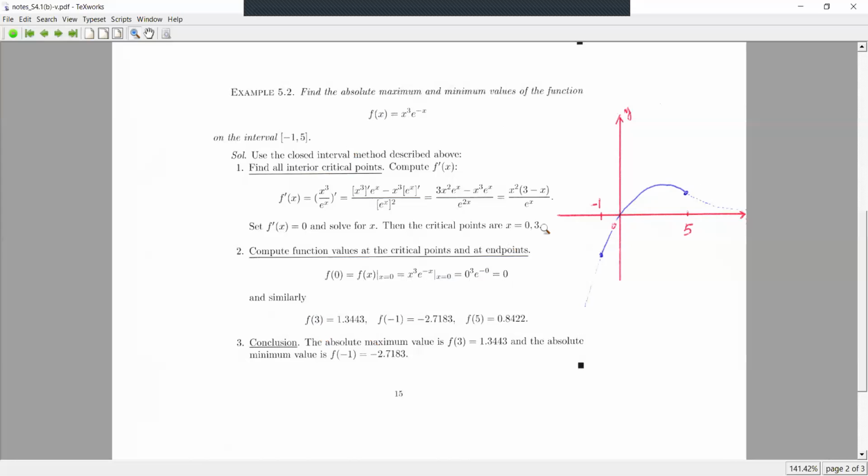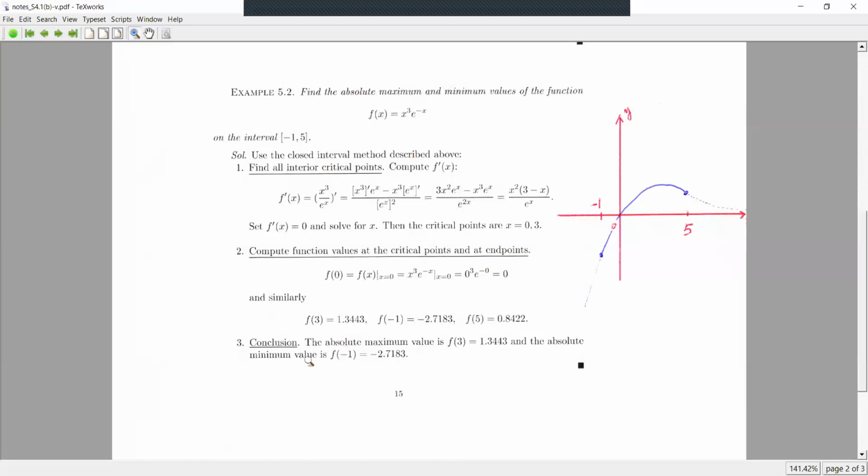Similarly, plug in number 3 for x, then we get function value is this. Plug in -1, the left endpoint of the interval, then we get function value is this. Plug in 5, the right endpoint of the interval. Then we get function value is this.